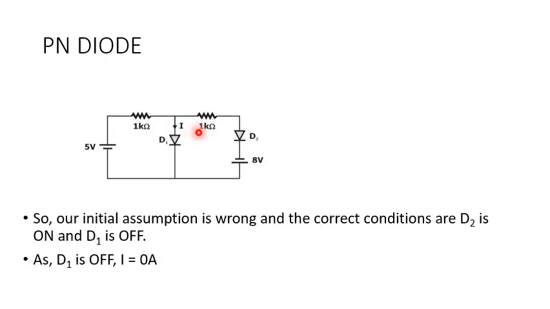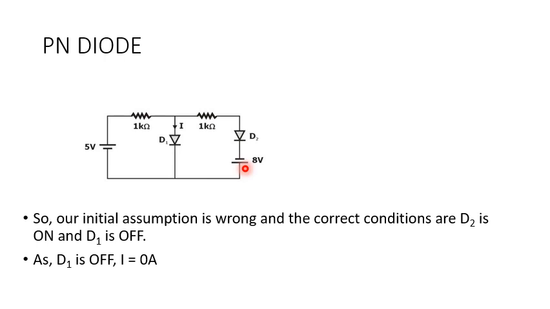I already told you that while dealing with such circuits, you have to first carefully observe the circuit. Now observe how this circuit looks. Your D1 is forward biased only, since its anode is connected to the positive terminal. Now look at D2: its cathode is connected to the negative terminal, so this is also forward biased. But carefully see here, the negative terminal of D1 is connected to the greater voltage, the positive terminal of 8 volts.